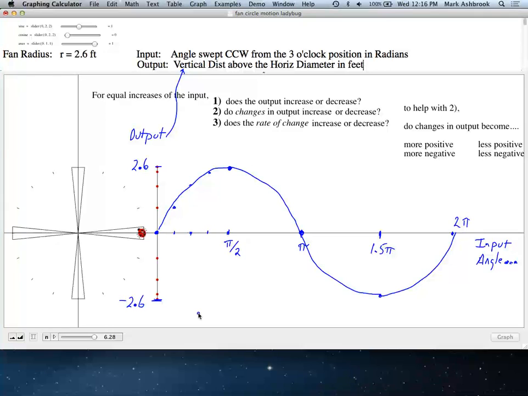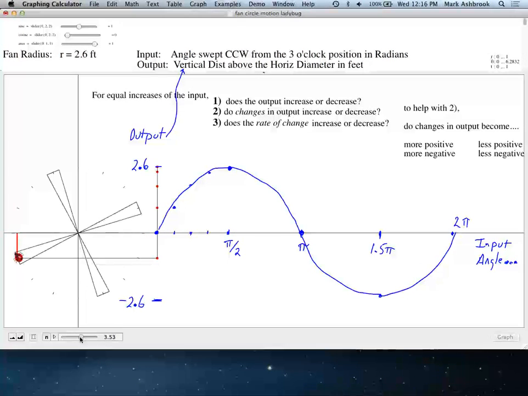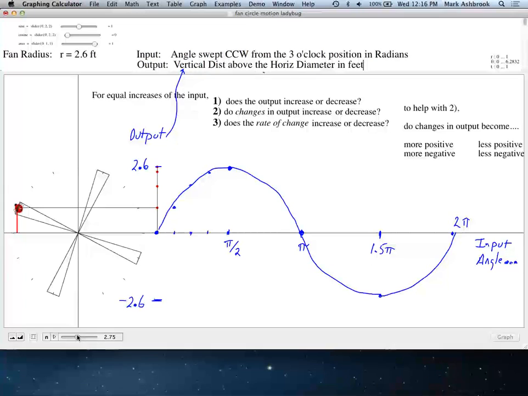Okay, question? So the first half, the change is decreasing, and then the second half will be increasing. That's right, because all through the first half of the circle, at first the changes become less positive, right? And then more negative. So the changes are decreasing for that whole first half of the circle.